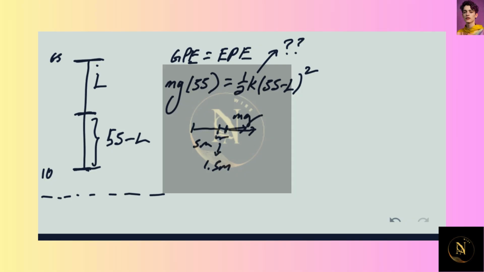So for this 5 meter cord, let me call the spring constant k prime, this is equal to mg over the extension, which is 1.5 meters.